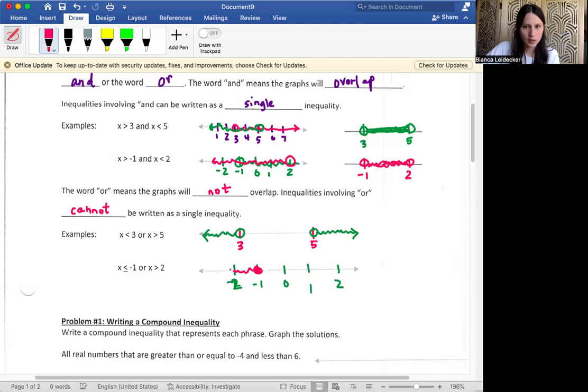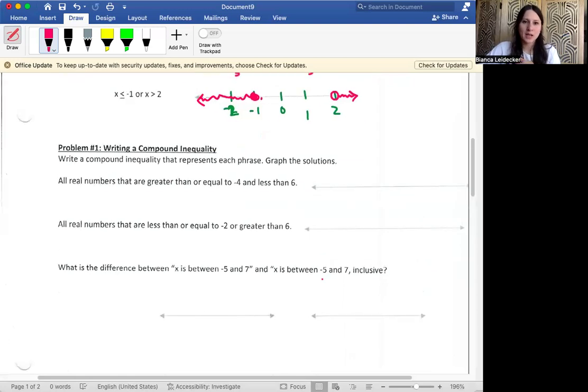Less than going to the left, and x is greater than 2. Keep it open. We're going to the right. So the value of x can include -1 or anything less than, or anything greater than 2. What cannot be an answer for x would be anything between -1 and 2, not including 2.